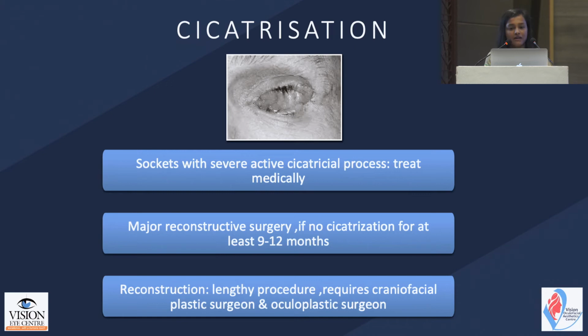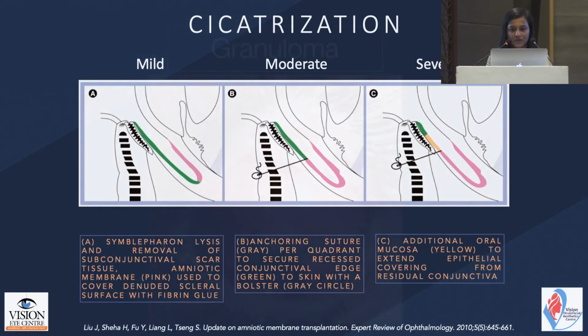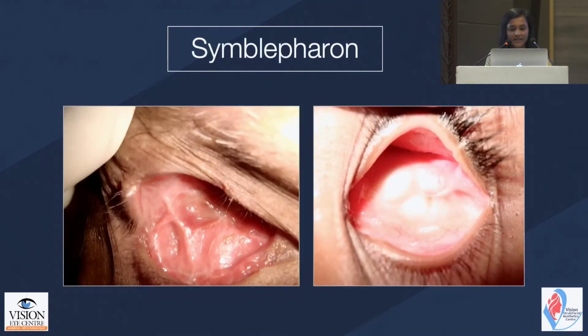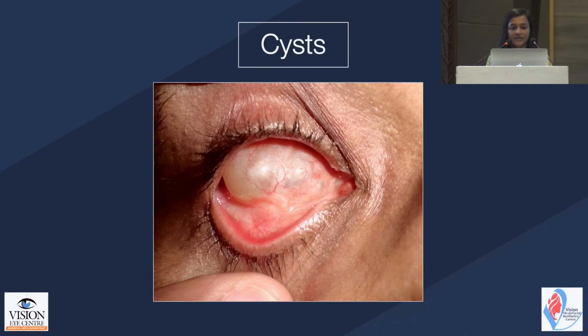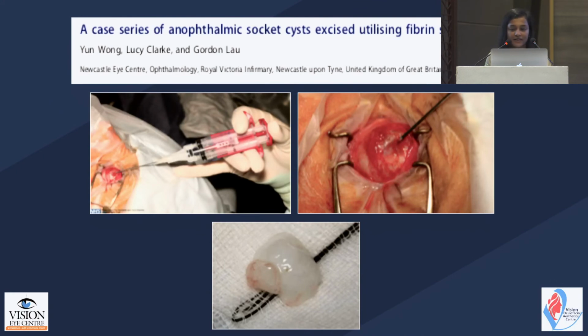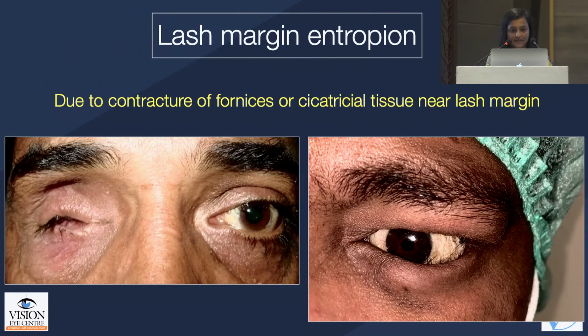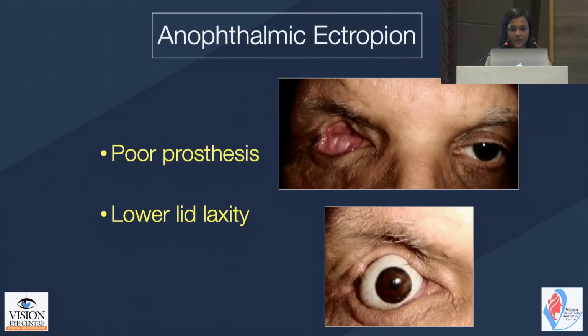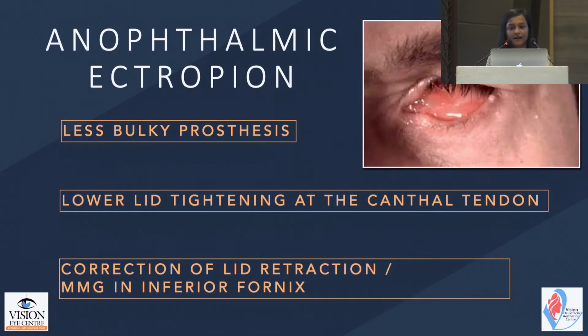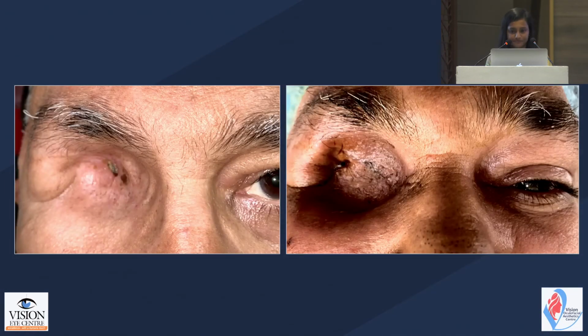This reconstruction also requires a lengthy process. This will also be covered. Granulomas can be excised. Symblepharon can be treated with grafts. Cysts, you can either use bleomycin or a fibrin sealant to excise, or you go ahead and excise the cyst itself. You can have lid malpositions, which will also be covered, and anophthalmic ectropion.